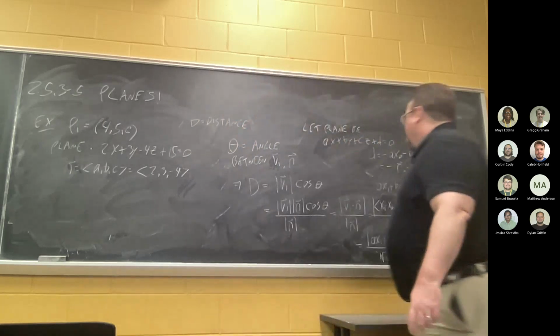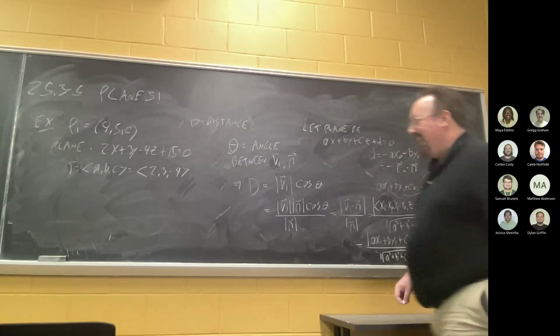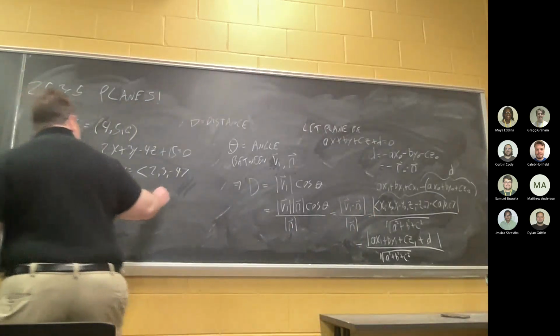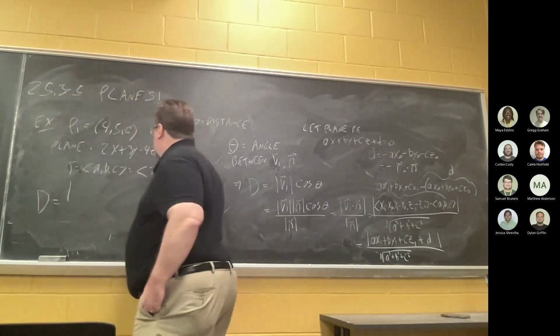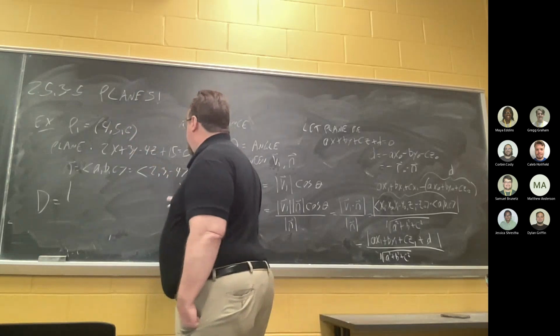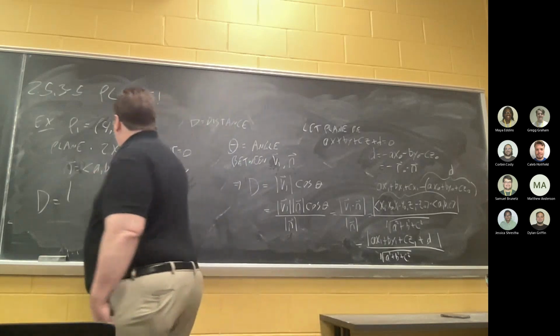So now we can go to the final version of the formula and get your suffering over with. You plug the coordinates of your point of interest into the equation of the plane.